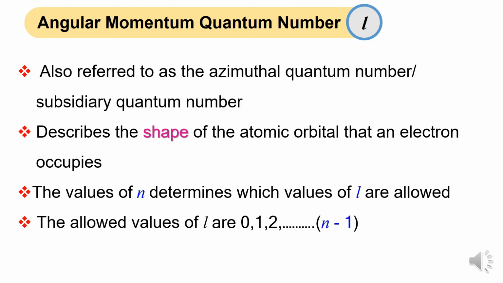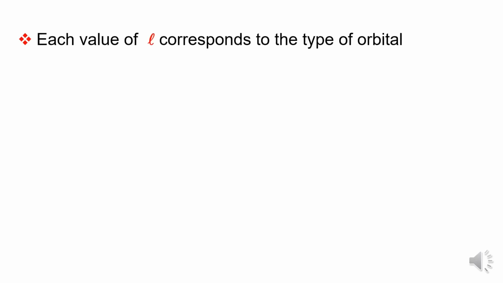The allowed values of L are 0, 1, 2 until n minus 1, which means the lowest value is 0 and the highest is n minus 1. Each value of L corresponds to a type of orbital.